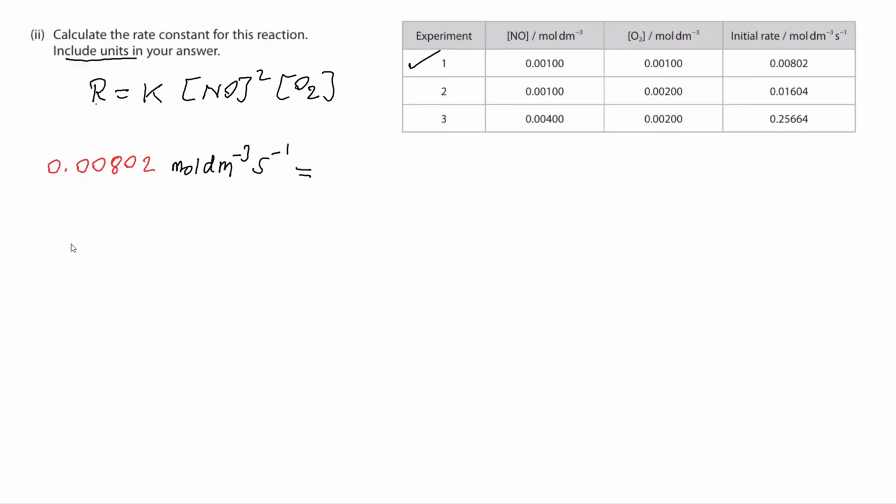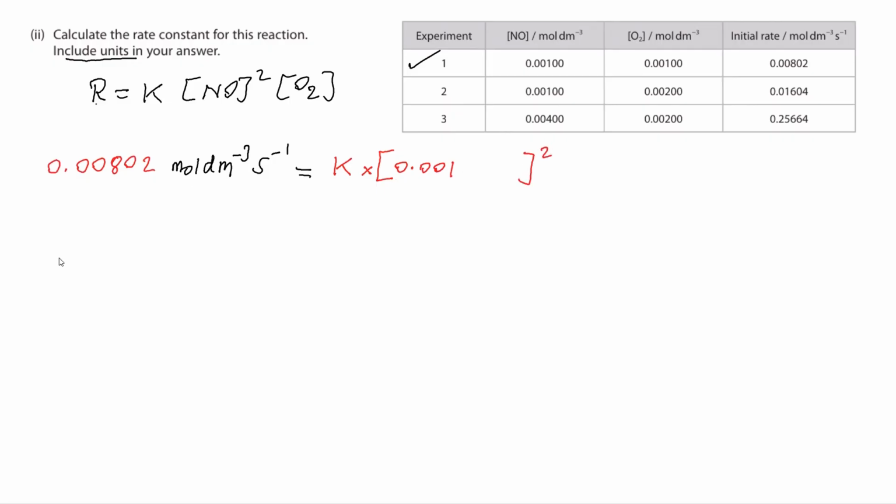Rate constant, that's what I have to find, times the concentration of NO. Do I know the concentration? Yes, it's there. It's 0.001 to the power 2. Again we have to add the units, so just keep this space for units, to the power 2.